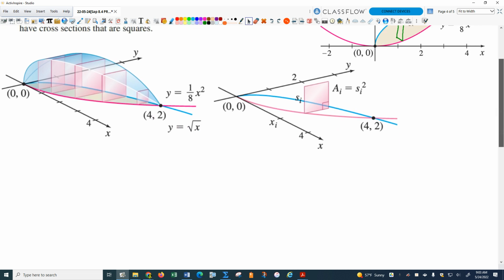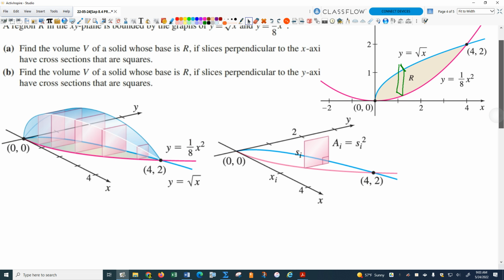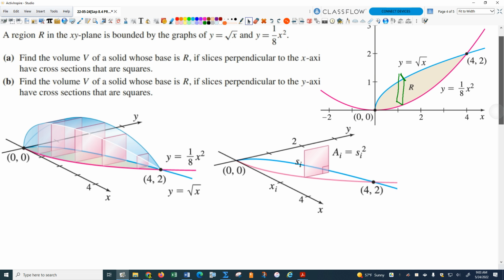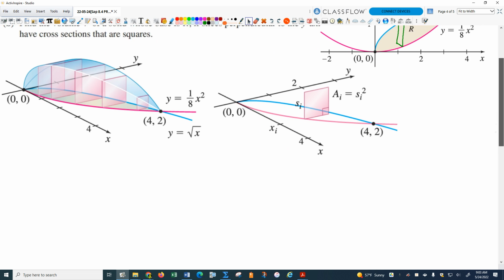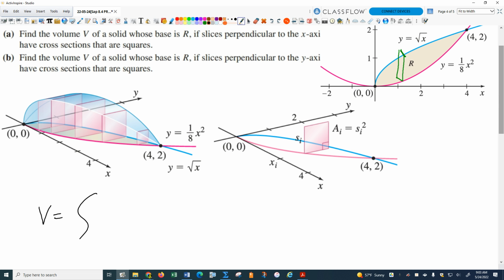So I guess with this one, when we're all done with this, I have an interesting question for you. So what's our integral going to look like then? Yeah, so we got our volume equals the integral. We need the cross-sectional area as a function of x. So what's the cross-sectional area is just going to be the side length of a square squared dx.